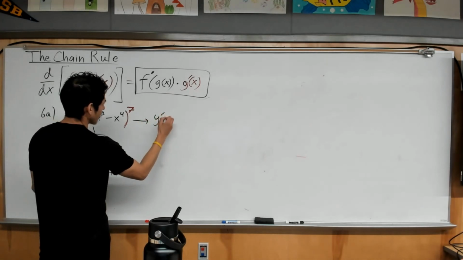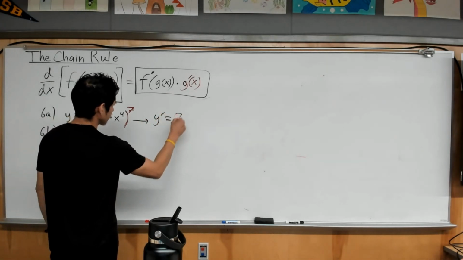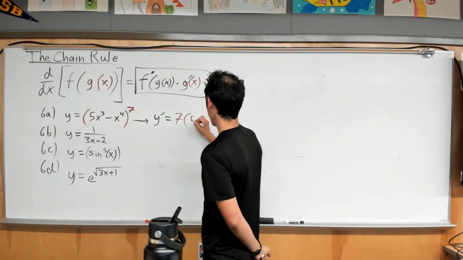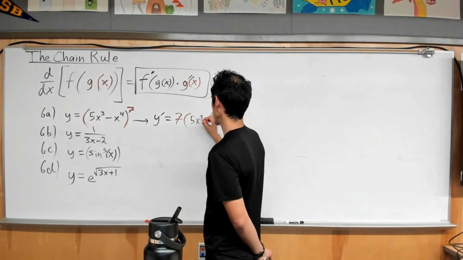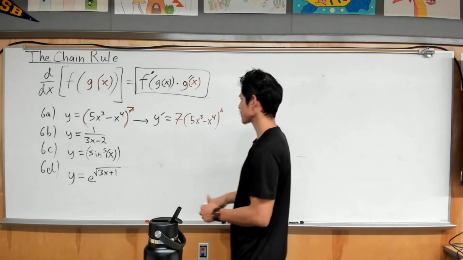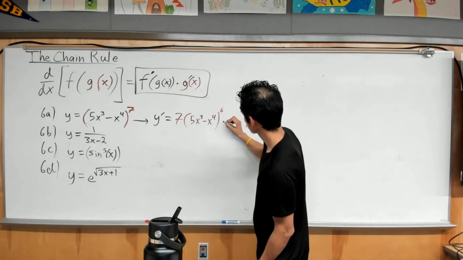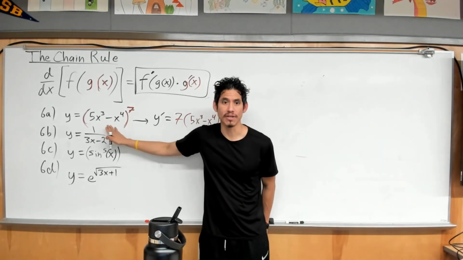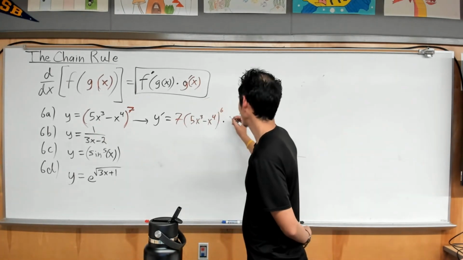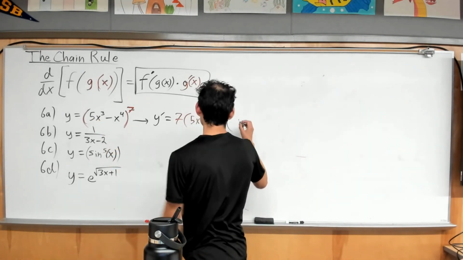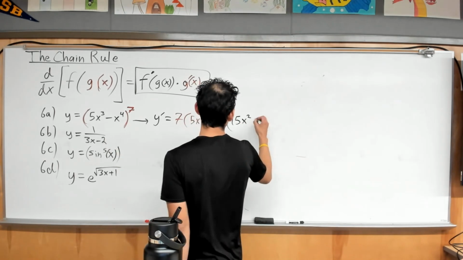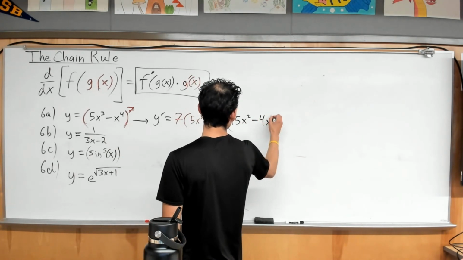So we get y prime equals 7 times, leave this the same, 5x cubed minus x to the 4th, all to the 6th power. Then we multiply by the derivative of this part, 5x cubed minus x to the 4th, which will be 15x squared minus 4x cubed.